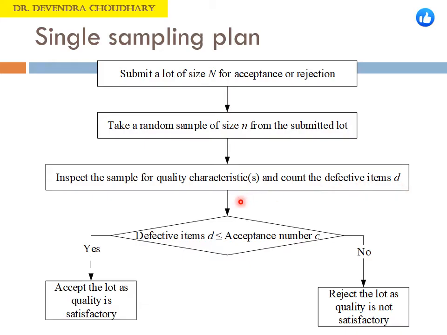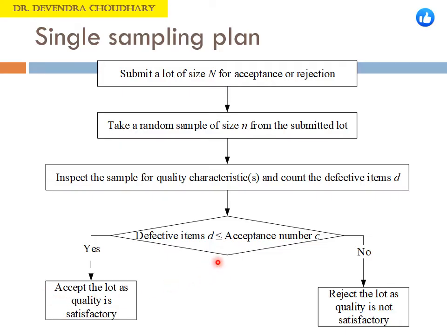Now if the number of defectives found is less than or equal to the acceptance number C, then the entire lot is accepted by the customer.